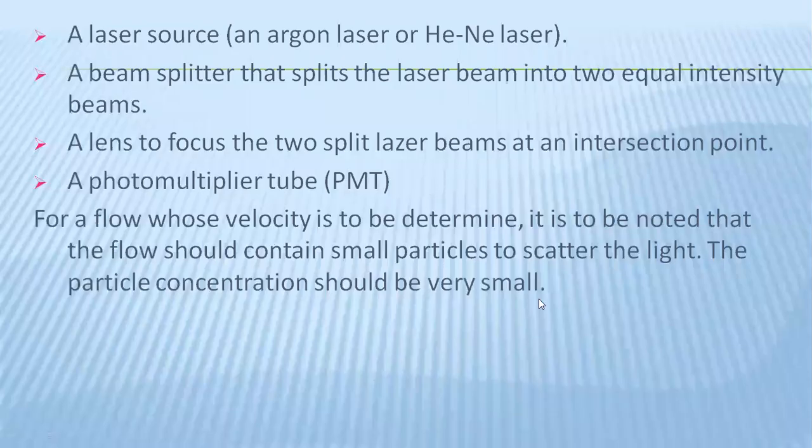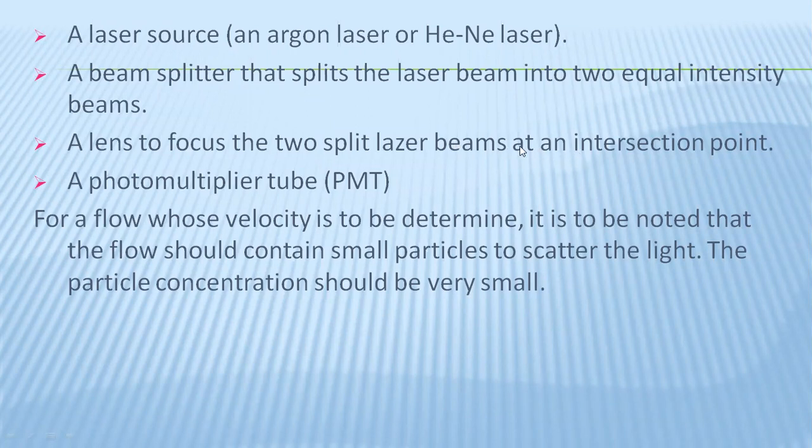A laser source, that is an argon laser or helium neon laser, is used in this laser Doppler anemometer. A beam splitter splits the laser beam into two beams of equal intensity, and a lens focuses the two split laser beams at an intersection point.